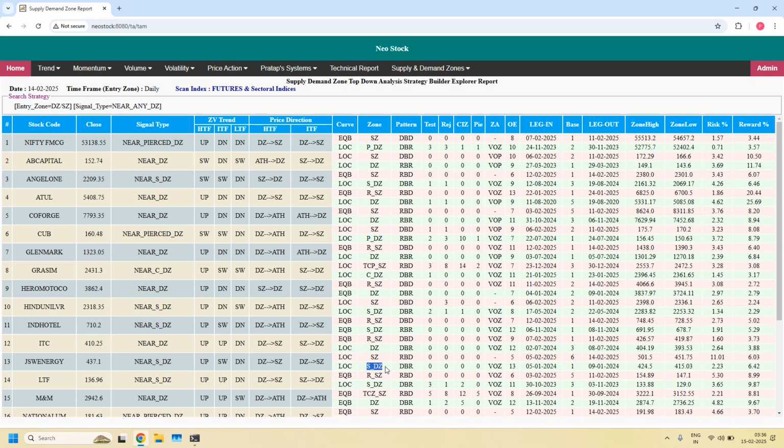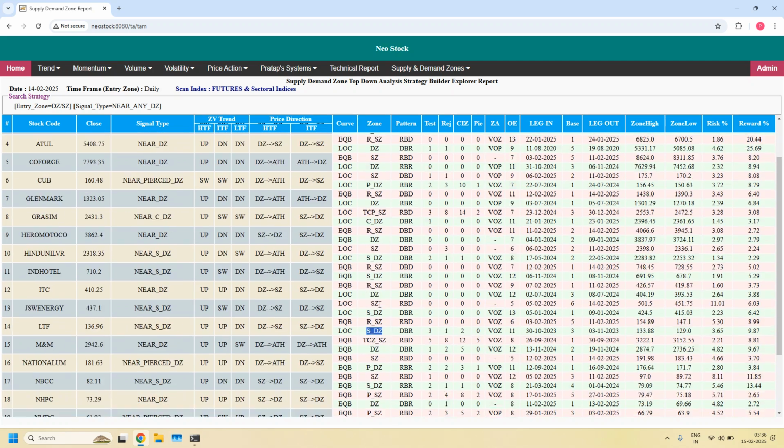JSW Energy is having a high liquidity demand zone. LTF, L&T Finance, is having a high liquidity demand zone.